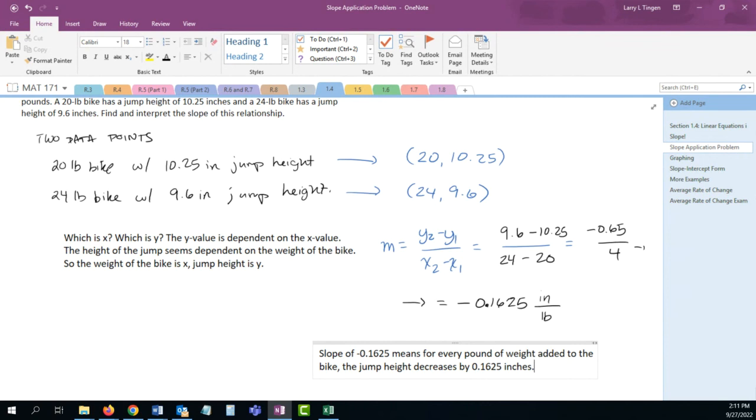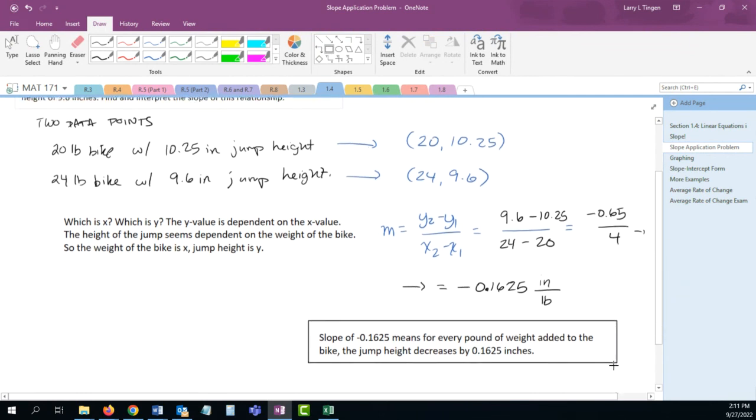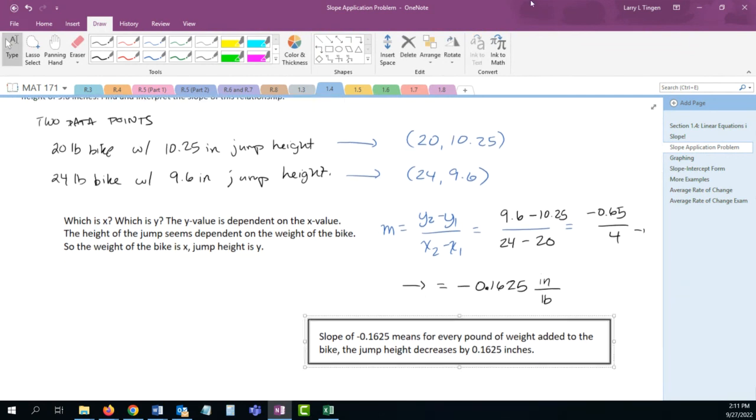Does that make sense? How do we feel about that? Does that make sense, other than me screwing up the math there? Is that all right?